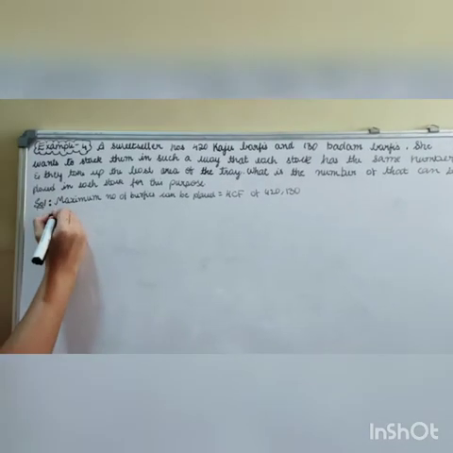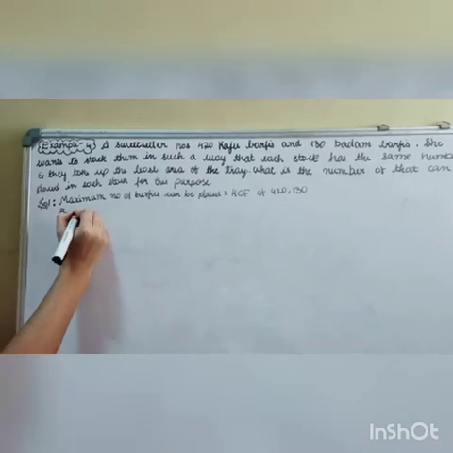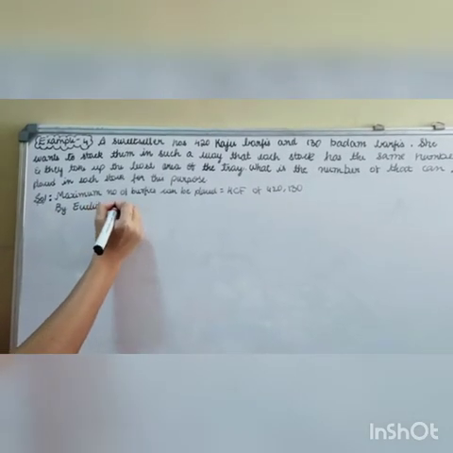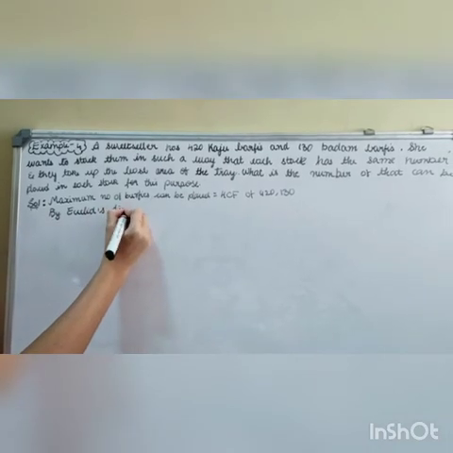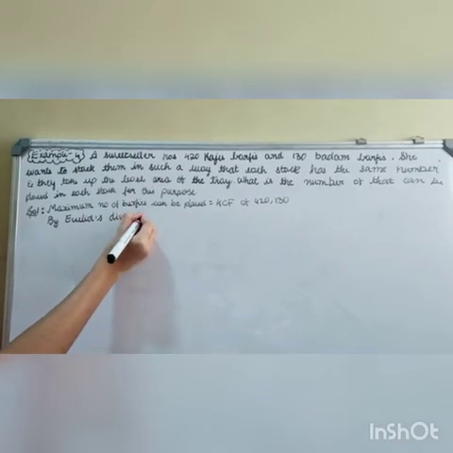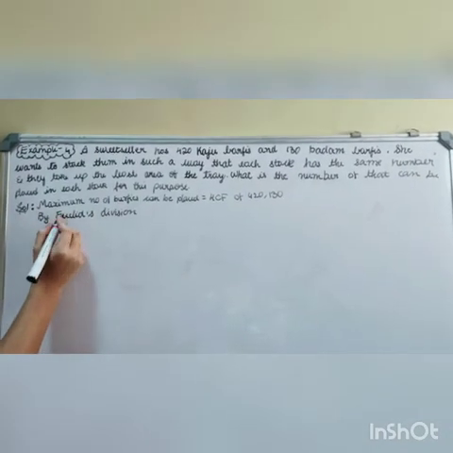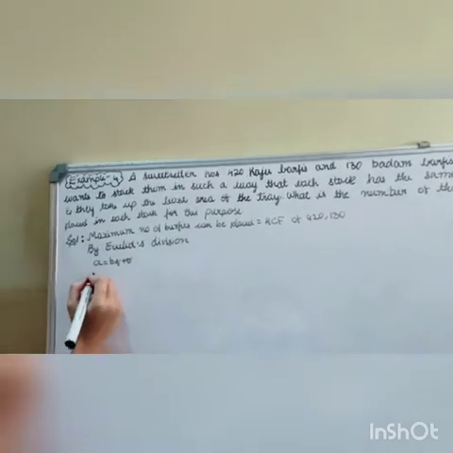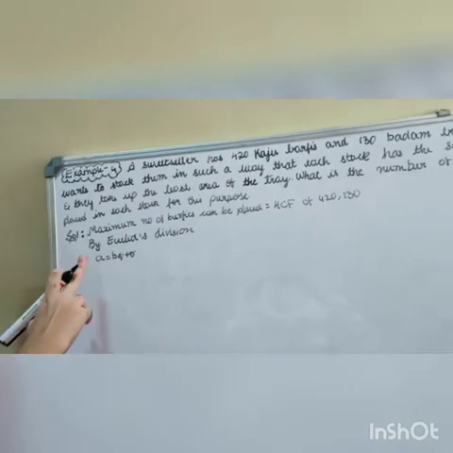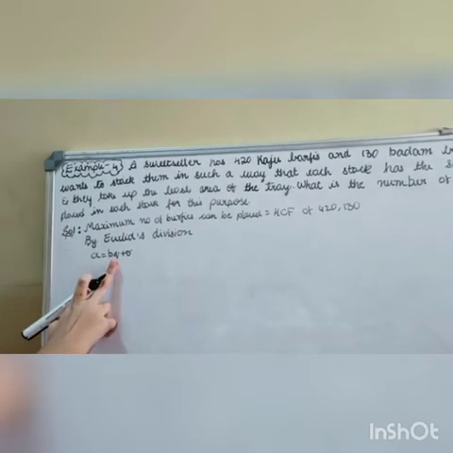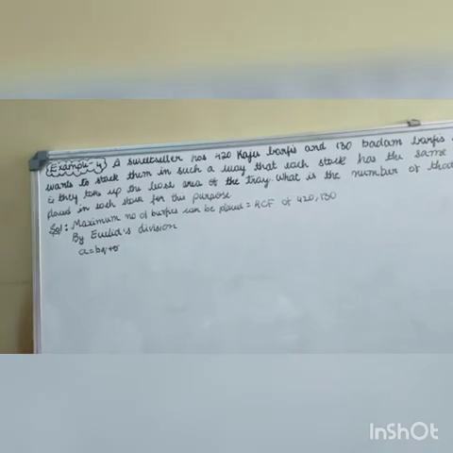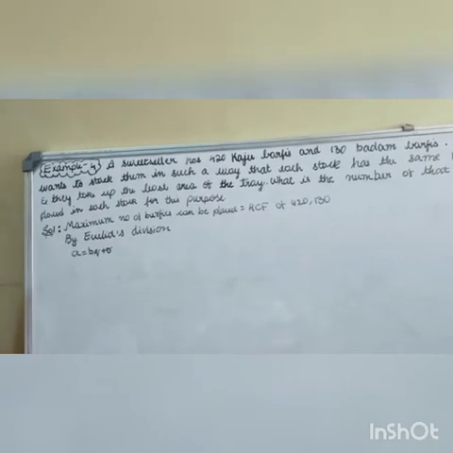So we will do this by Euclid's division, which is a = bq + r. Here a is dividend, b is divisor, q is quotient and r is remainder. So I told you before 130 is less than 420.